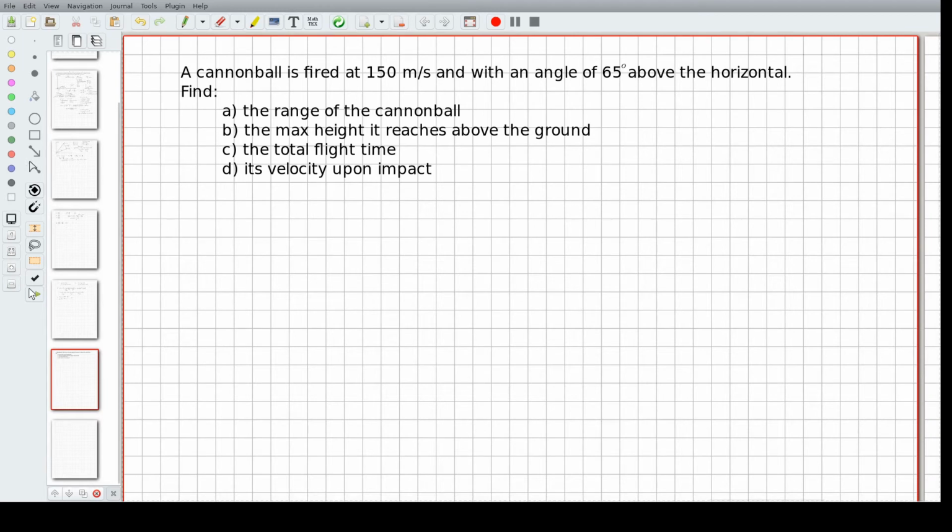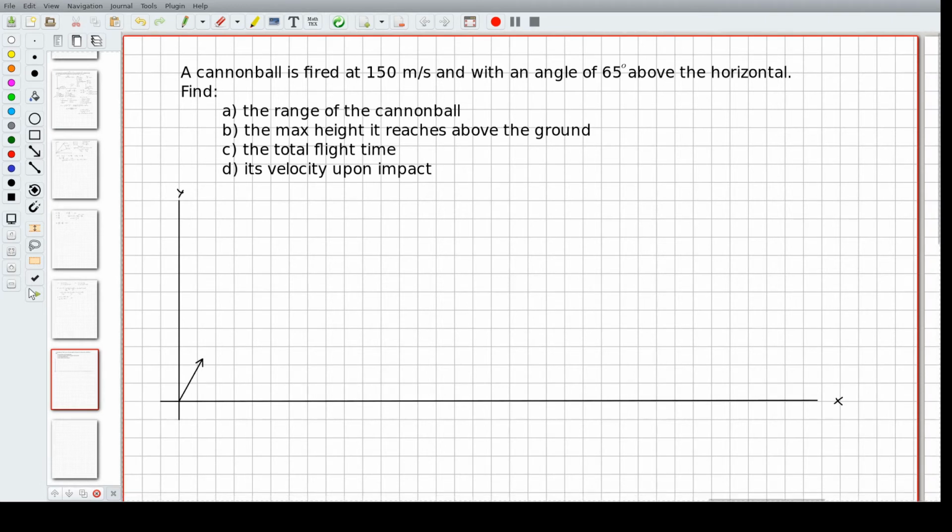Now, the way I want to approach this problem is by breaking it up into 2 pieces. So to begin with, let me draw our picture that we always do here. I'll label some axes here. This is the y-axis. This is the x-axis. We're drawing an extra long x-axis so I can show you what range is.